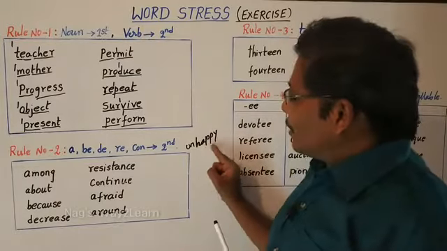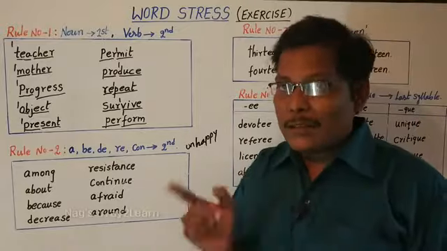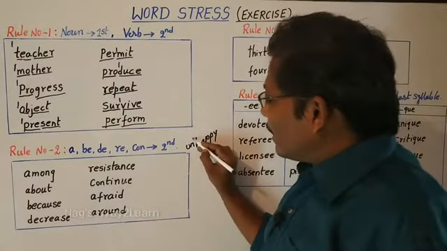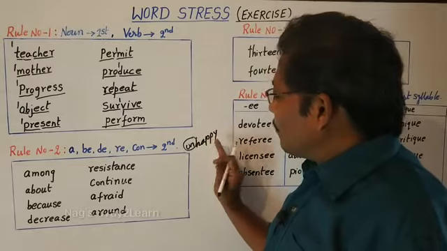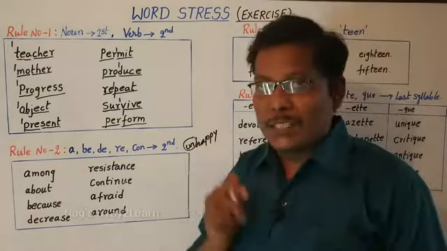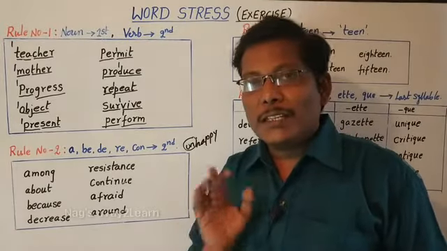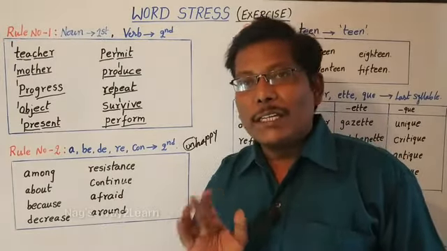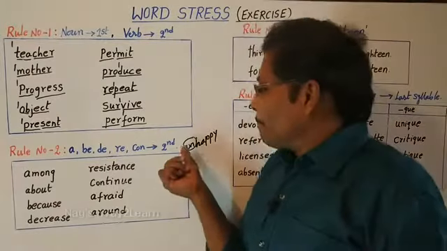Happy is the main word, but we are adding un before this word. So this un is called a prefix. Okay, understand? Prefix is nothing but one or two letters added before a word.